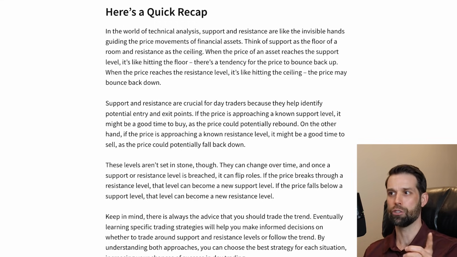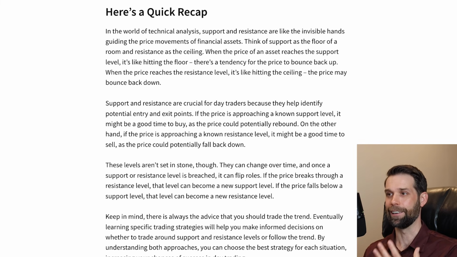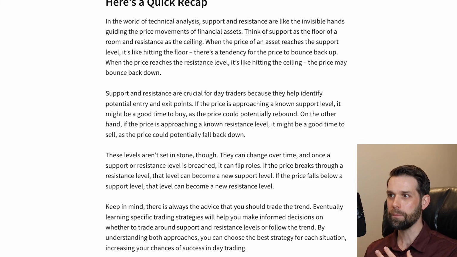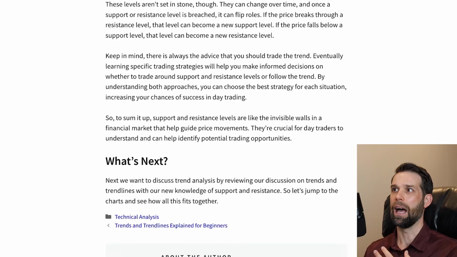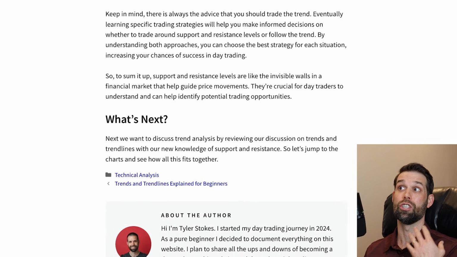And again, you can check out TradingView. You can look at some history of charts and stocks and really see that these levels are clearly there. So keep in mind, there's always advice that people give in terms of trading, that you should just trade with the trend.